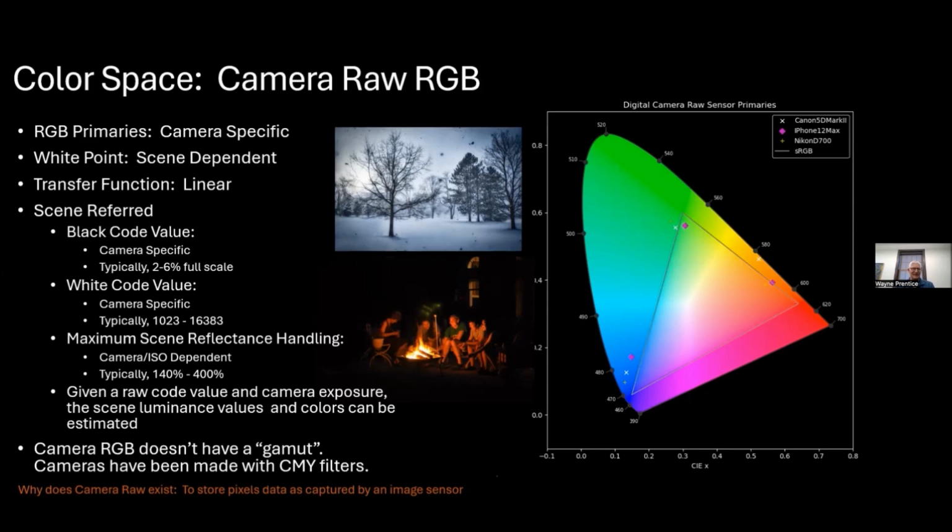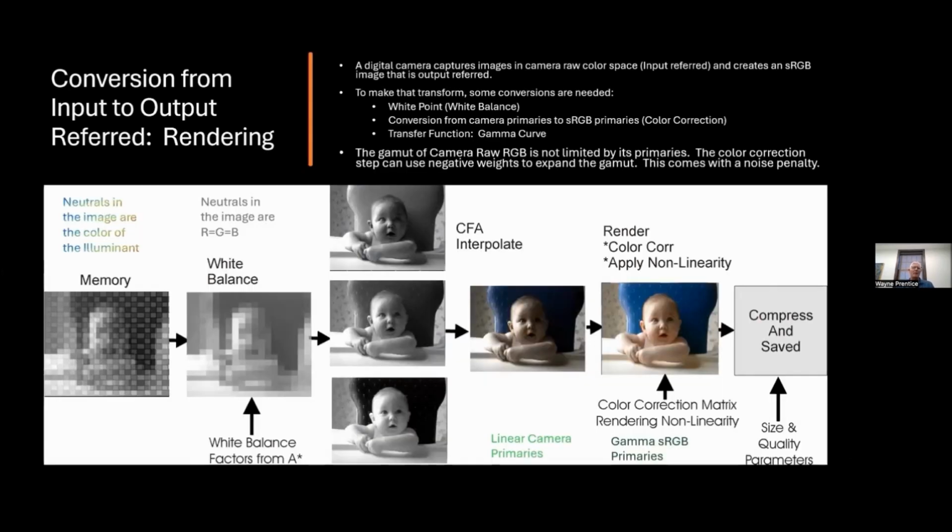Good clarification. So I want to make a point here about the process of rendering or converting from an input to an output. The digital camera is a nice model to do that with because it does both. So when we take a picture, first step we do is a white balance. A white balance normalizes the image from the camera sensitivities so that red equals green equals blue for neutrals in the scene.